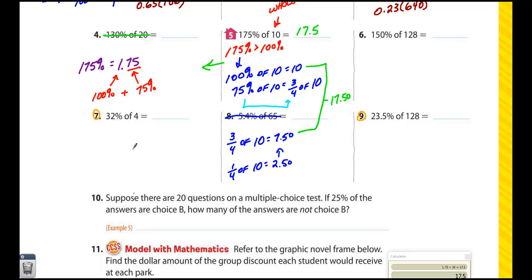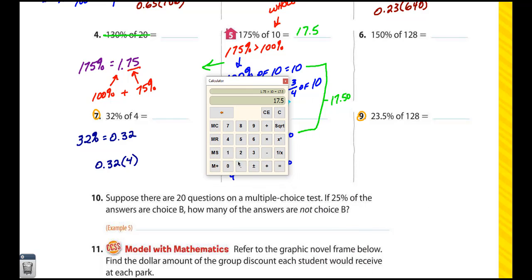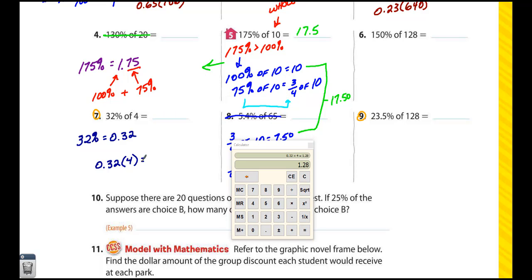So going to number 7, we're going to go back to the traditional. 32% is 0.32. And we're going to multiply 0.32 times 4, which gives 1.28.